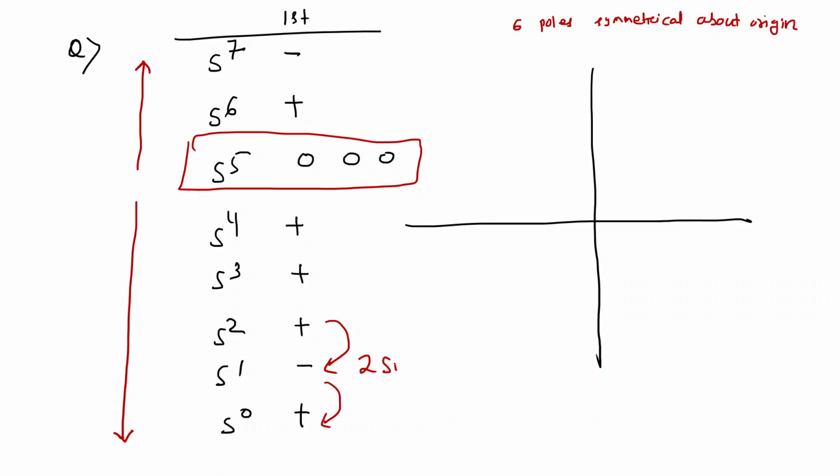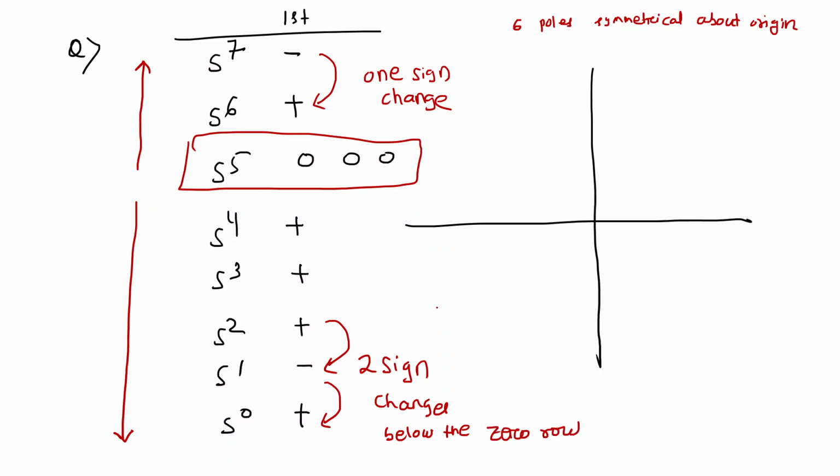So two sign changes below the 0 row, and above the 0 row there is only one sign change.